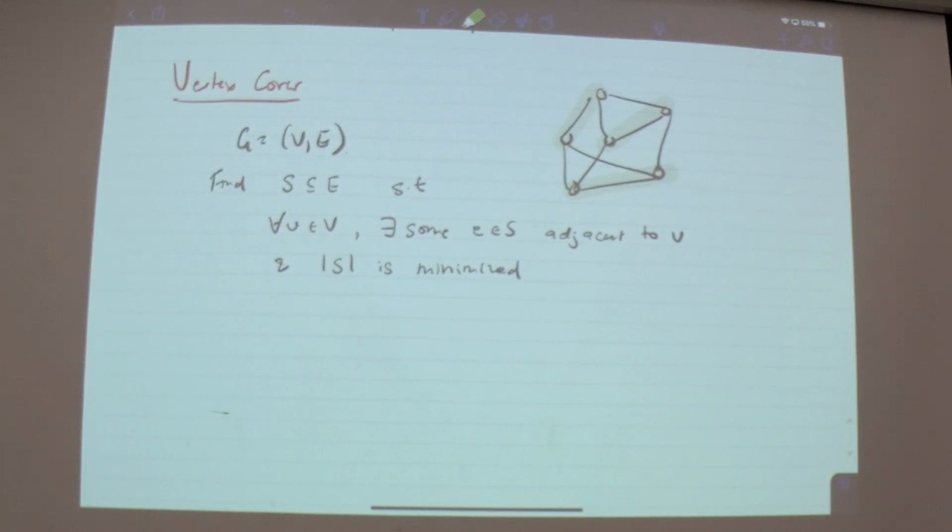Obviously, you can't do any better with this because every edge can at most hit 2 vertices. There's 6 of them, so you need at least 3 in a vertex cover. But that's not always a good way to reason about this. Just because I couldn't get 3 doesn't mean it's not optimal.